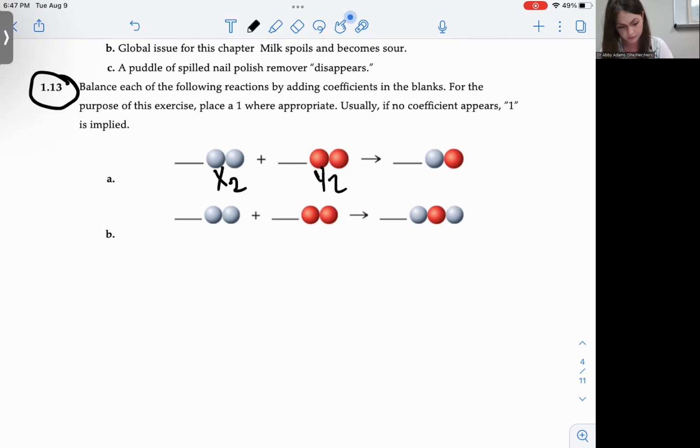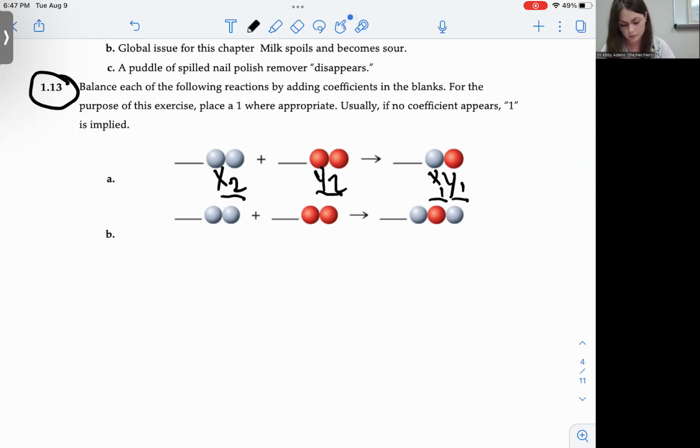And here we have XY. So these are implied, these are 1, right? So how is this balanced, first of all? Well, we have 2X here, 1X here, right? 2X, 1X. And here we have 2Y and 1Y.